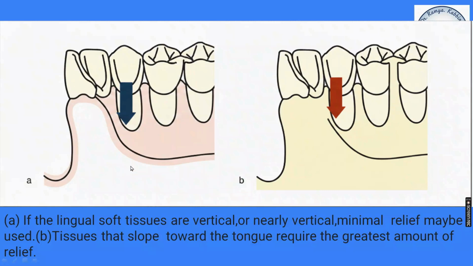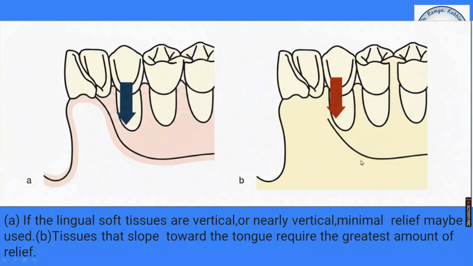Here you can use any kind of mandible major connector. But in image B, you see that there is the greatest amount of slope of the floor of the mouth towards the tongue. So it will give you less room for the mandible major connector.